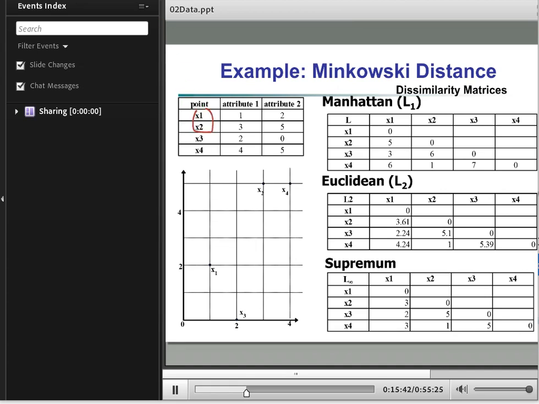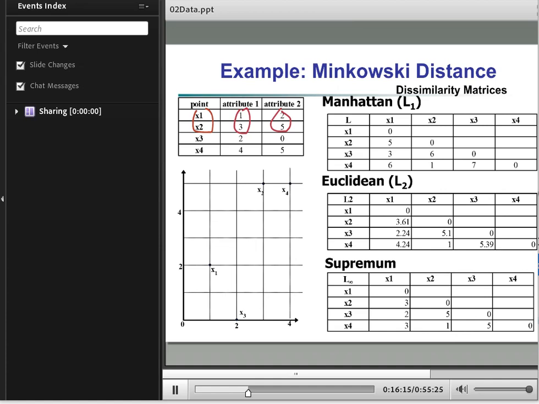If I'm looking for the distance between x1 and x2 using Manhattan distance, I should calculate the differences between values in attribute 1 and between values in attribute 2 and present the sum of these values.